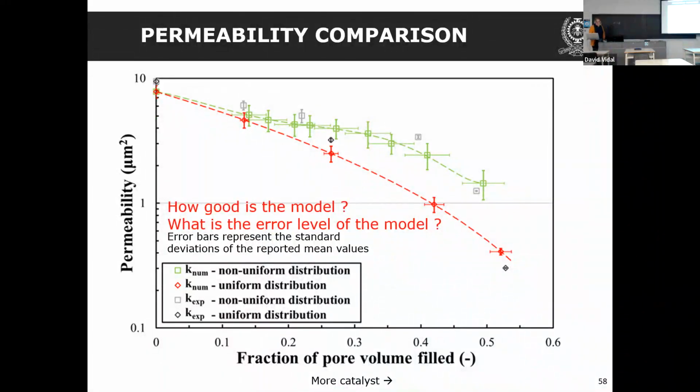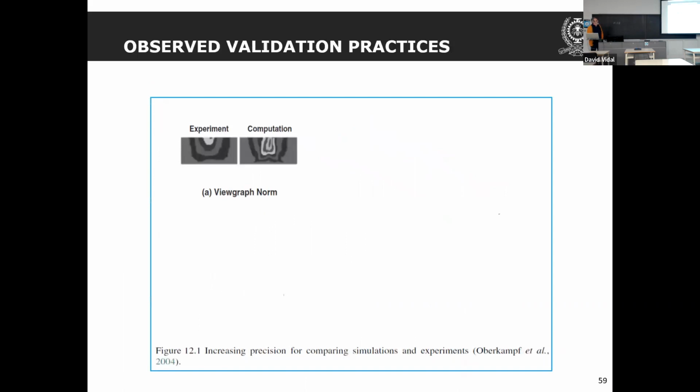So the question that I recently asked myself, based on the materials that I'm teaching in the verification and validation class, is: is that good enough? Is it a good model? In the verification and validation class, we show a few methods to determine whether the error of your model is small or large.